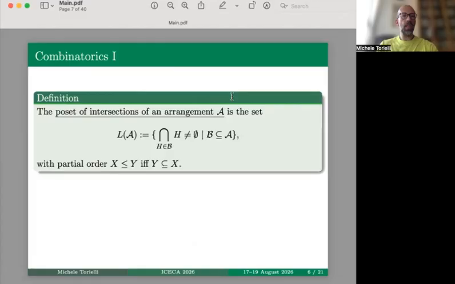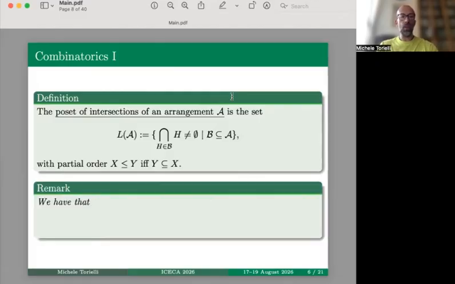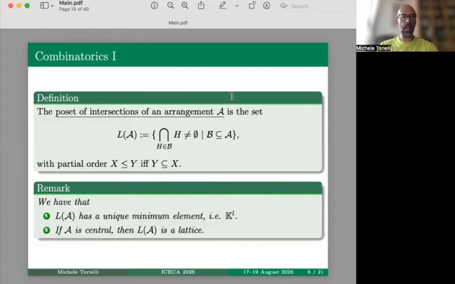The thing to notice is that this is a poset ordered by reverse inclusion. So X is smaller or equal to Y if and only if Y, as a geometrical space, is contained in X. First of all, L(A) always has a unique minimal element, which is the total space. And the second thing is that if A is central, then L(A) is a lattice, because it also has a maximal element, the intersection of all the hyperplanes, which is a space that contains the origin.